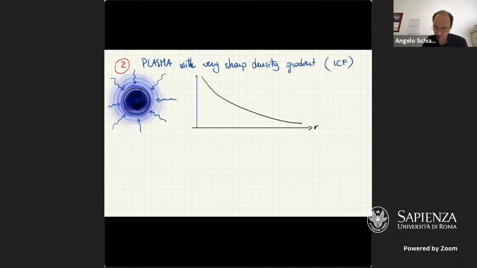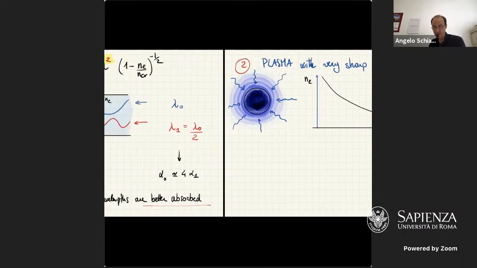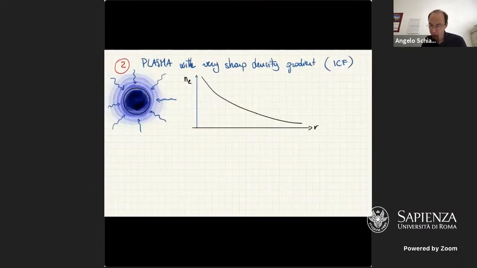Okay, so we have here the density of the electrons. And from outside, let's use the same color scheme as before, two wavelengths, lambda 0 and lambda 1. We have lambda 0 coming from the outside, and lambda 1 which has a wavelength which is just half of the wavelength of lambda 0.